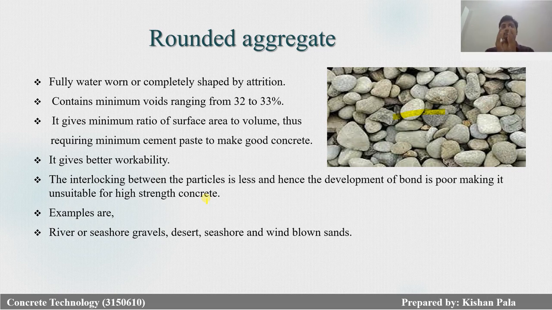So rounded aggregate has the low void ratio, and it gives higher workability, but low bonding is formed by this aggregate, so it cannot be used in high strength concrete. Next one is irregular aggregate.